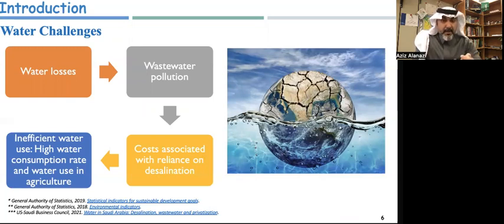Saudi Arabia has the third highest per capita freshwater consumption in the world. The daily per capita water consumption increased from 227, I think, in 2009 to 278 liters in 2018.